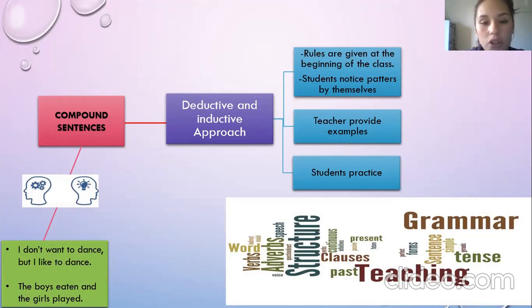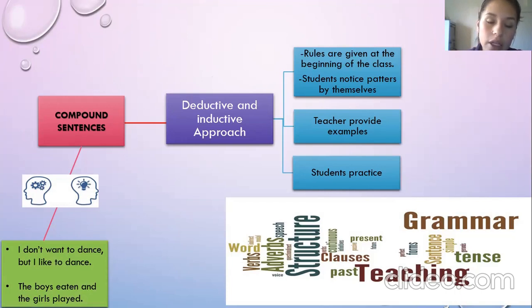A deductive approach involves the learners being given a general rule, which is then applied to specific language examples and honed through practice exercises. An inductive approach involves the learners detecting knowledge patterns and working out a rule by themselves before they practice the language.